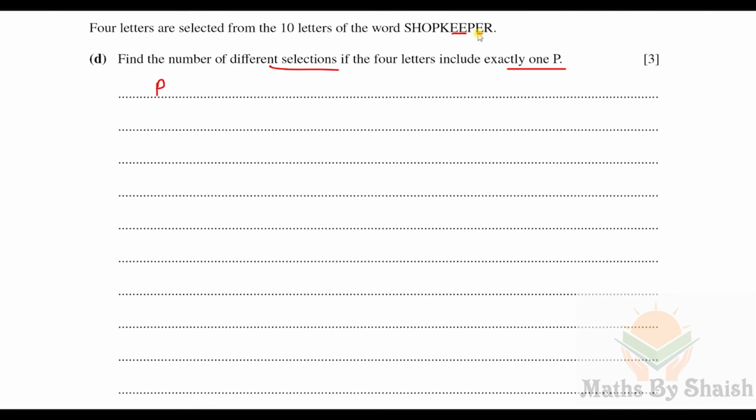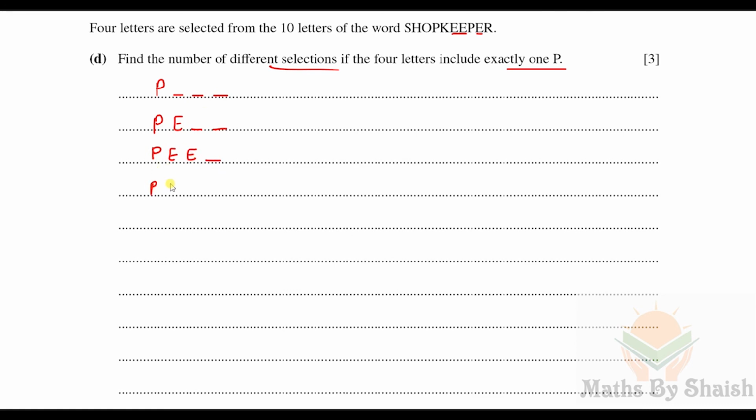So what is the first case? There are no E's at all, so all are different from E's. Second one is including exactly one E. Third one is taking exactly two E's, not more than that.